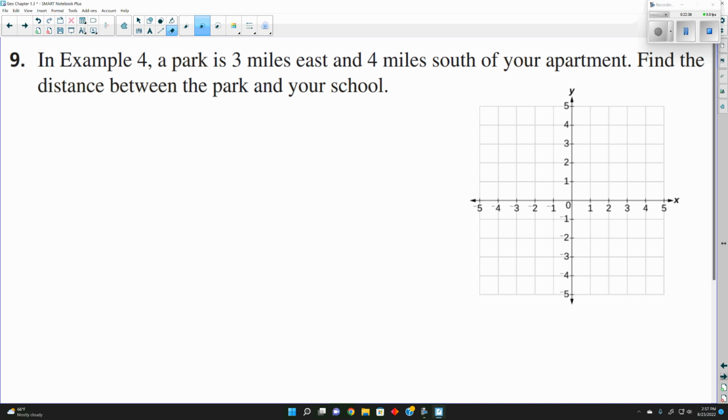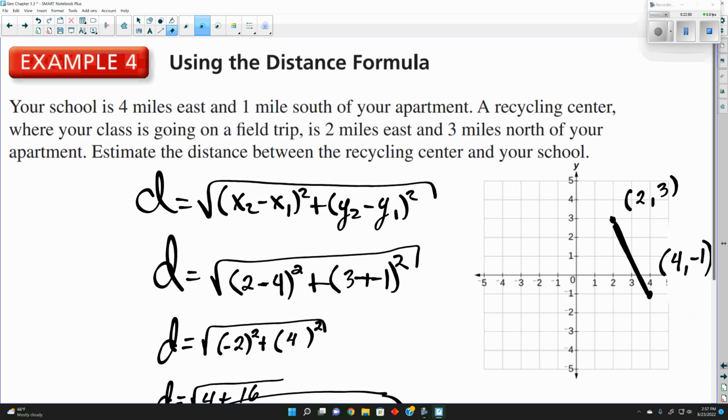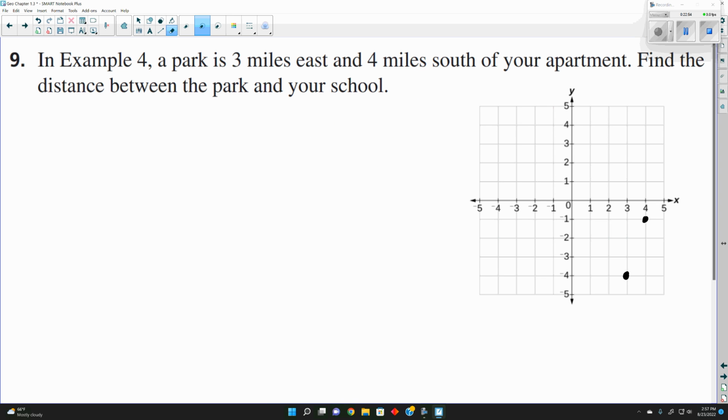From example 4, a park is 3 miles east and 4 miles south. Find the distance between the park and your school. Well, our school was 4 miles east, 1 mile south. So we're trying to find the distance from here to, so we have 4, negative 1, and 3, negative 4.